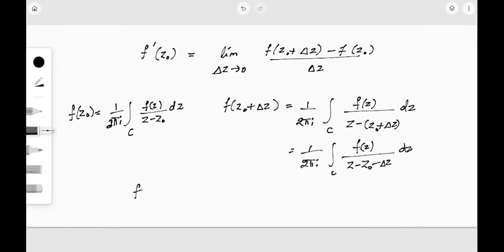So we have f dash of z dot will be nothing but limit delta z tends to 0. Instead of, I can take delta z and 1 by 2 pi i common, right?